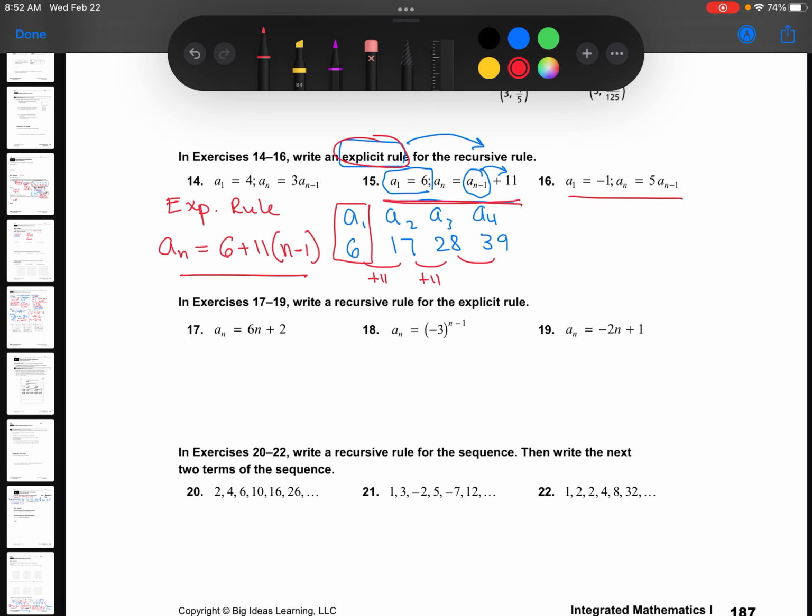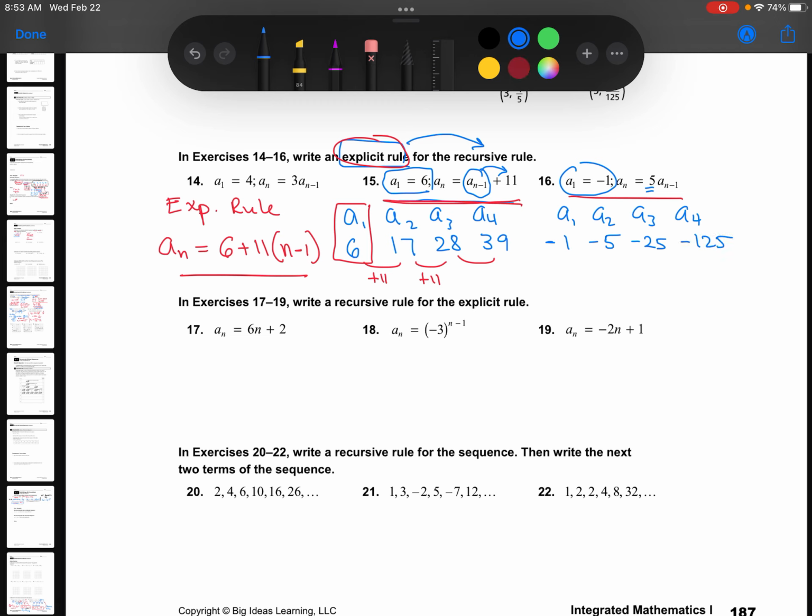What happens with 16? Kind of similar, right? So let's do this. A1, A2, A3, A4. The first term is -1. And every time we're going to multiply by 5. So -1 times 5 is -5. -5 times 5 is -25. And -25 times 5 is -125.